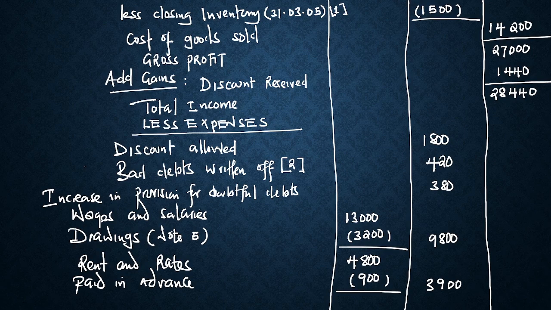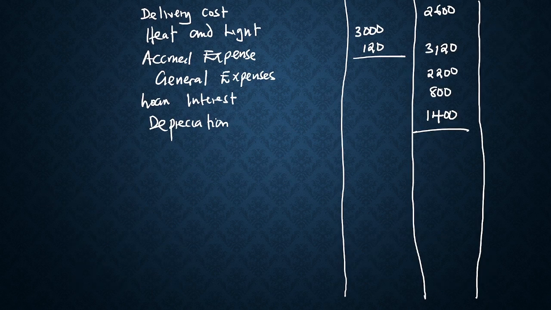So 18 plus 420 plus 380 plus 9,800 plus 3,900 plus 2,600 plus 3,120 plus 2,200 plus 800 plus 14.